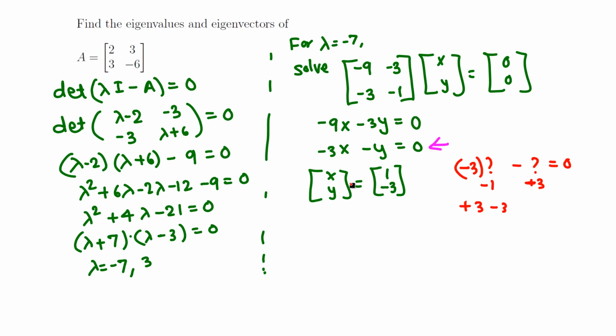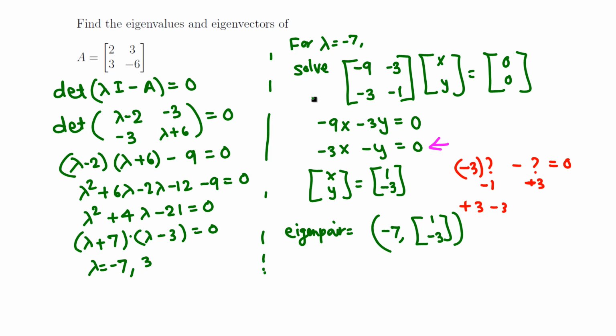In fact, the solutions will be constant multiples of this 1, negative 3. We could have multiplied by negative 1, or 2, 3. Anyway, we found the corresponding eigenvector for this eigenvalue, so we write the eigenpair: the eigenvalue is negative 7, and one of many correct answers for the eigenvector is 1, negative 3.